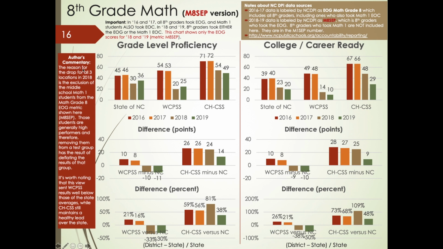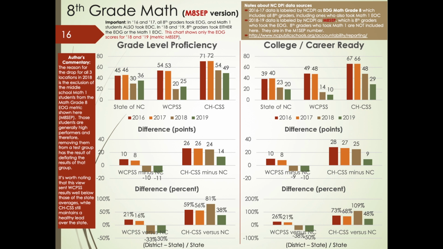No surprise here, and I'll put a comment on it. The reason you see a drop in all three of these groups is because this batch of students in 2018 and 19 does not include the Math 1 kids. Those are the kids who are typically higher achievers, taking Math 1 in 8th grade or even sooner.